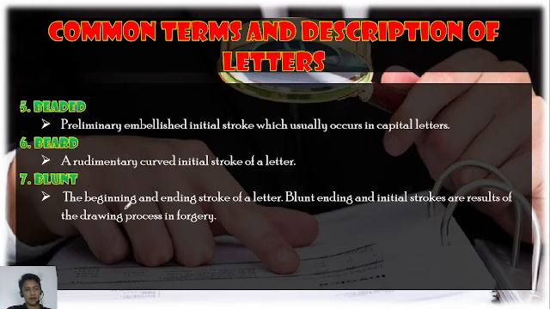Meron tayong naririnig, blunt beginning stroke or blunt initial strokes or blunt ending strokes of a letter. Ano kaya ang ibig sabihin nila doon? Well, let me read to you the definition. It says here the beginning or ending stroke of a letter. Blunt ending or initial strokes are results of the drawing process in forgery, so it is common to be observable in forged writings.